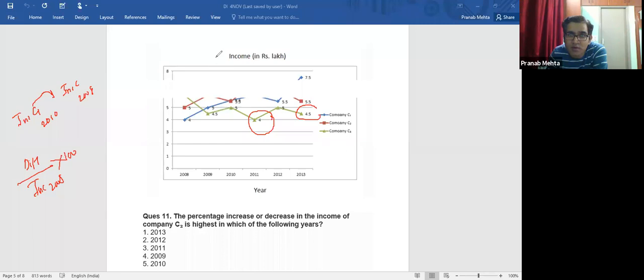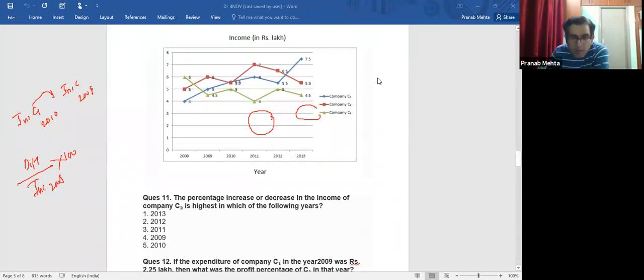So this is the problem with the technology sometimes. Now it has come. So we are talking about C1. Blue one is C1.